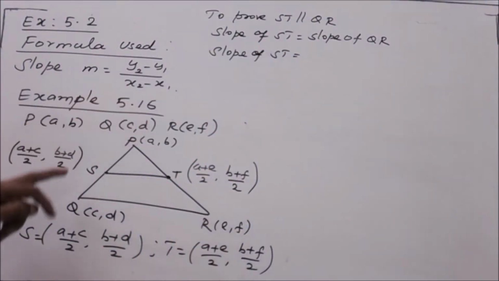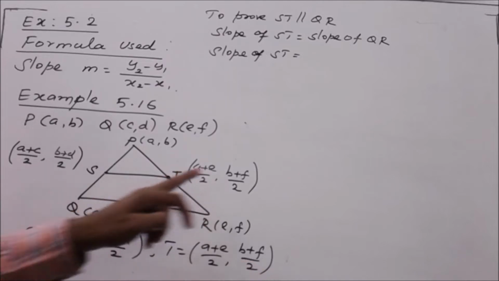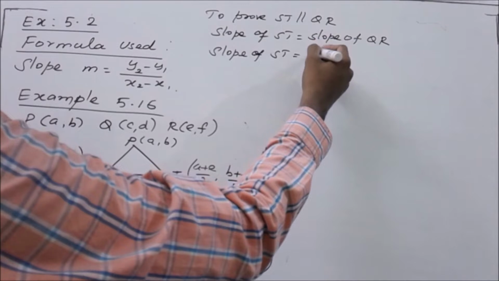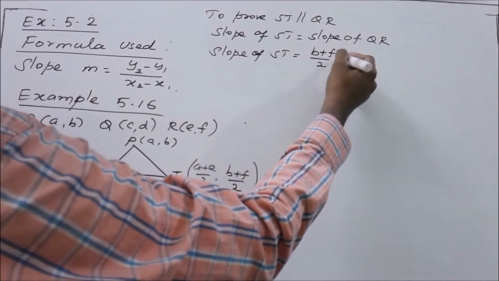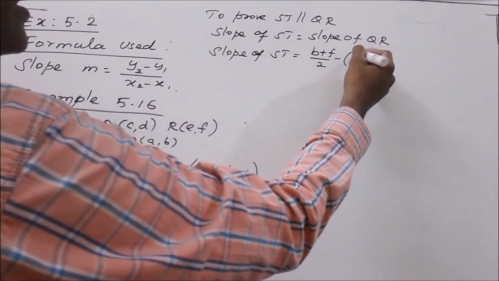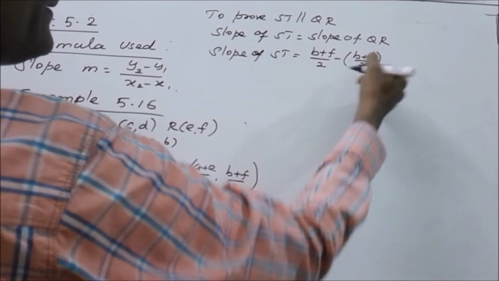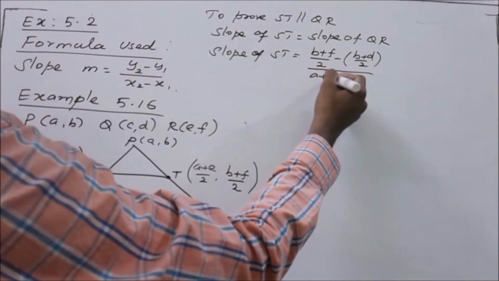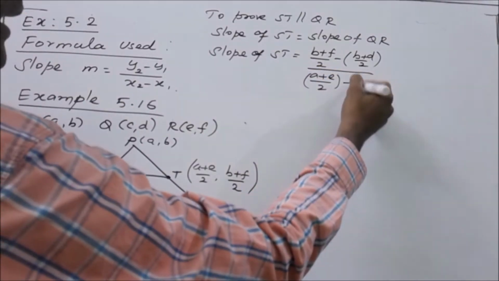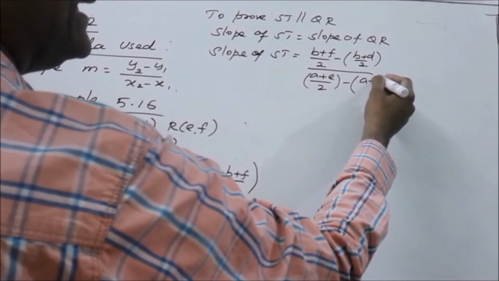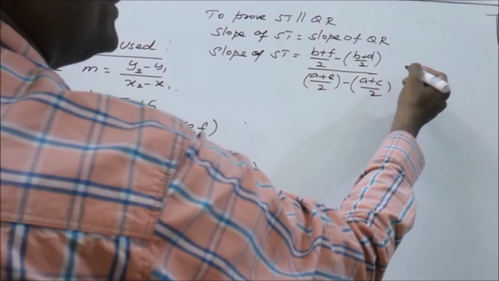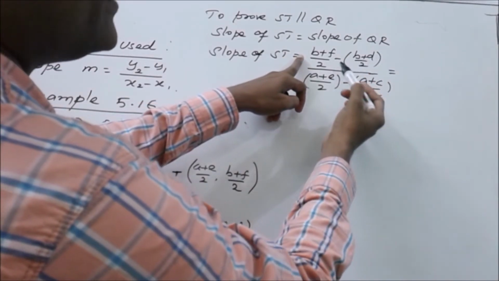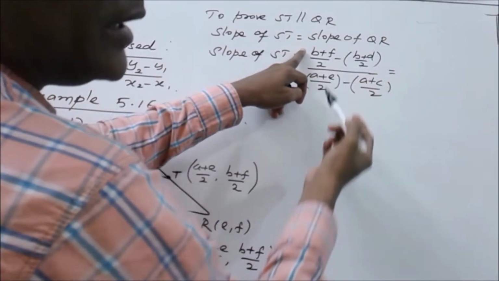Slope of ST: take S and T. This is S, another one is T. So Y2 minus Y1: (B plus F) by 2 minus (B plus D) by 2, divided by X2 minus X1: (A plus E) by 2 minus (A plus C) by 2. Multiplying the minus inside, plus B and minus B get cancelled.